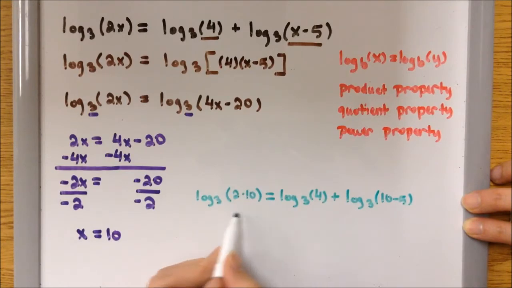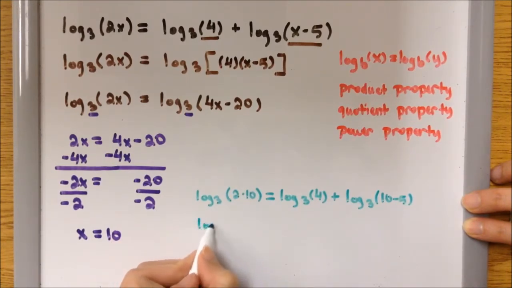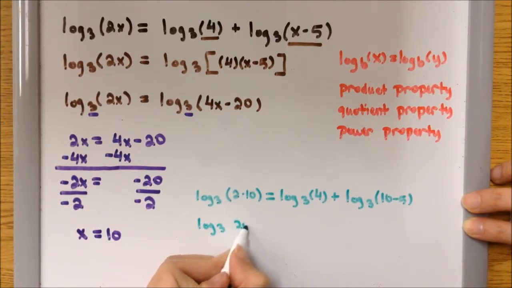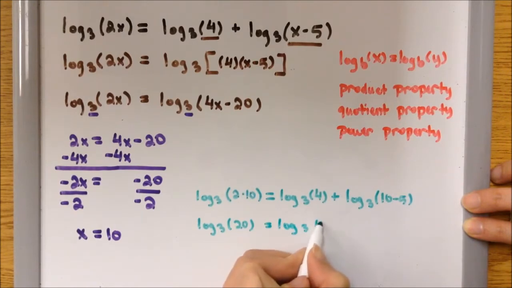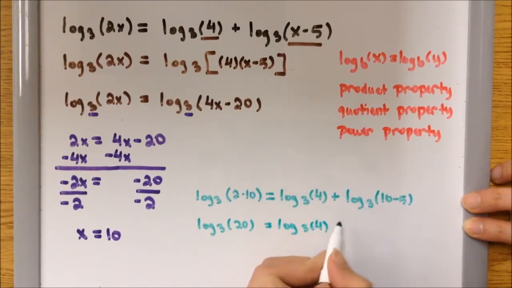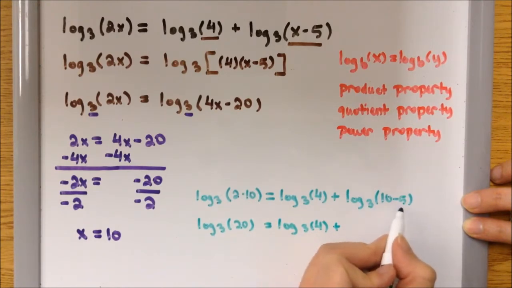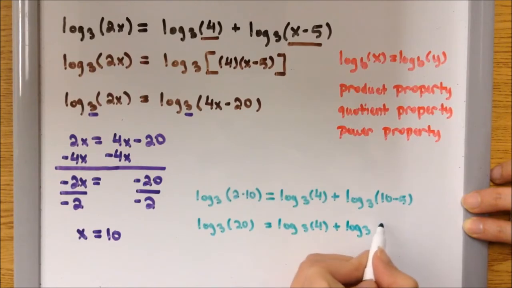Alright, so let's take a look on the left side. So log base 3, 2 times 10 is 20, equal, I can't do anything to the log base 3 of 4, but let's check on the other one. Log base 3 of 10 minus 5. 10 minus 5 is just simply 5.